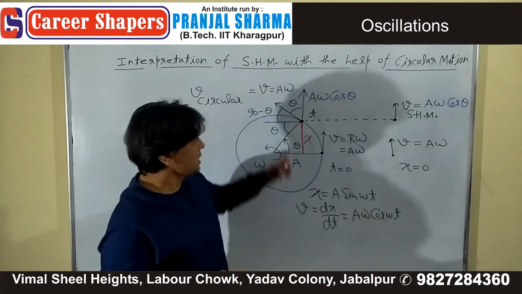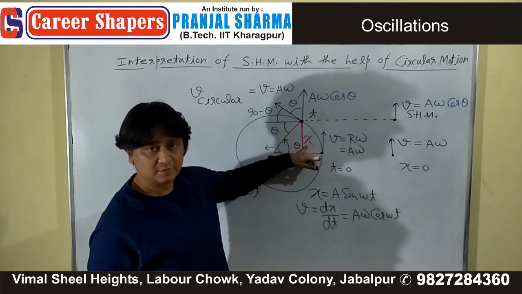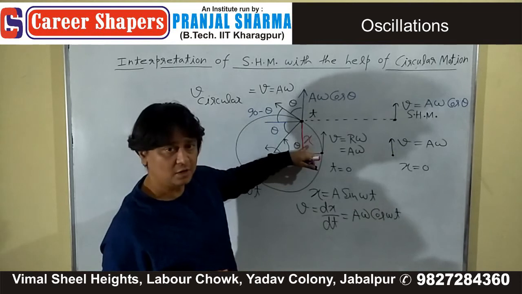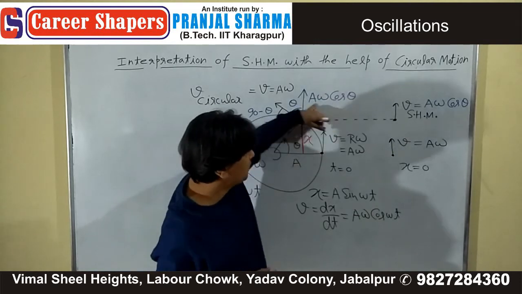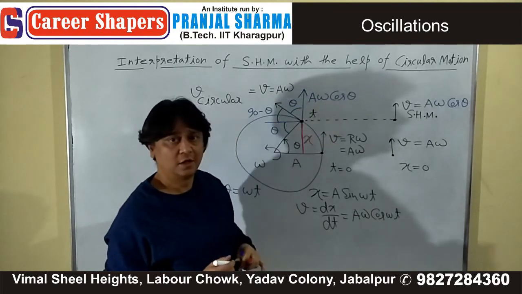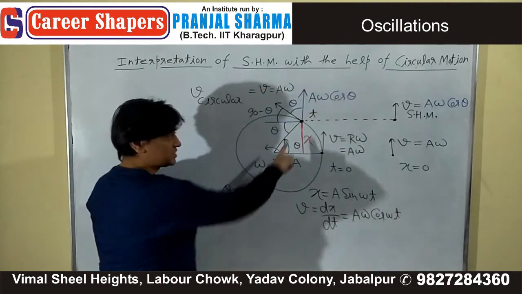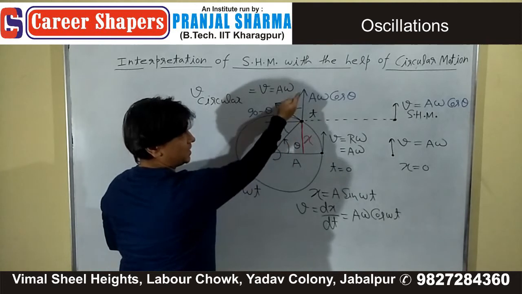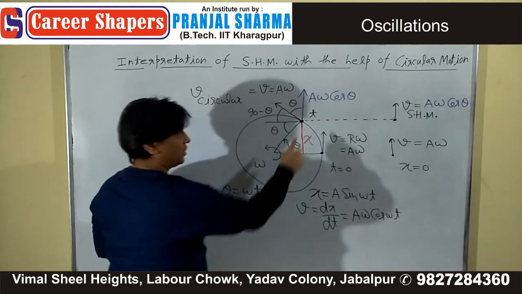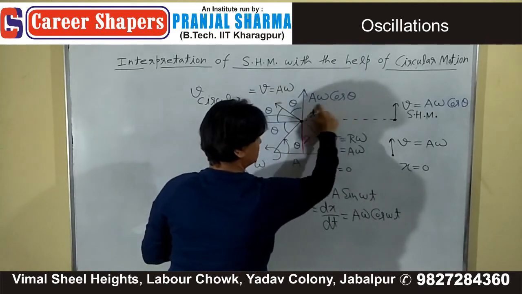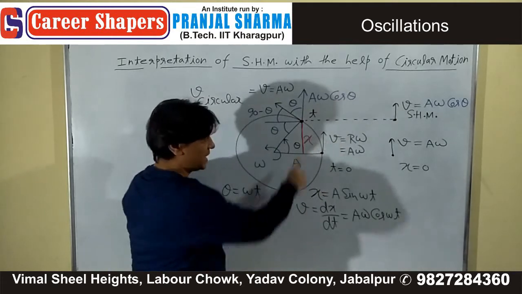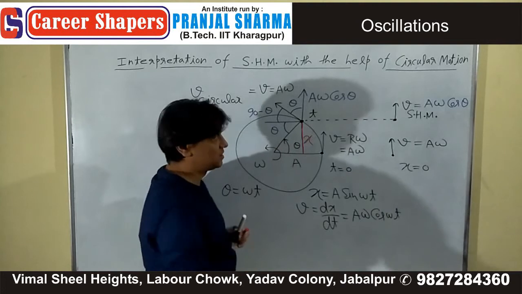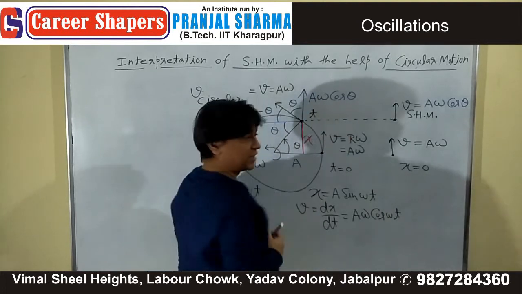So this x, its rate of change is what? This height is x, and the rod is rising up with A omega cos theta. That means x is changing with a rate of A omega cos theta.